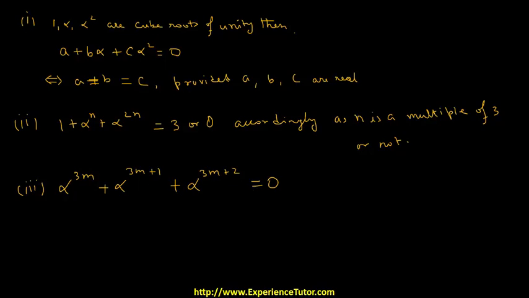Here, it will be better if we put 3m, 3n and this one as 3p plus 2, will be 0 if m, n and p are natural numbers.